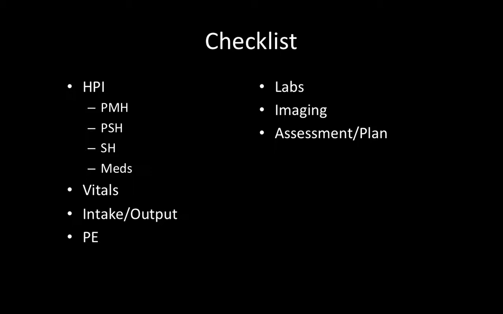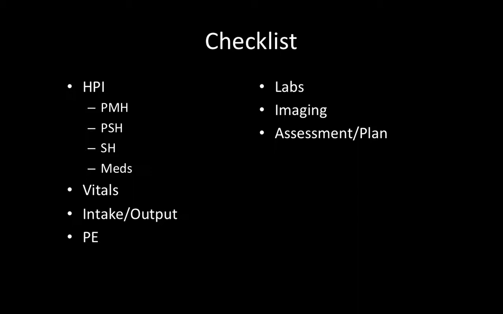I like to think of patient issues in a checklist format. I feel that this helps me to not miss little details. And although this seems like a large checklist, rest assured I'm not going through every single detail that you would normally go through with a normal history and physical, but this just helps in your mind hit the high points so that you're not missing anything.